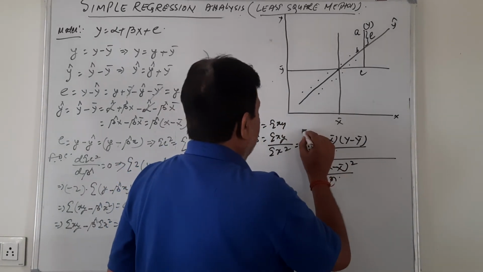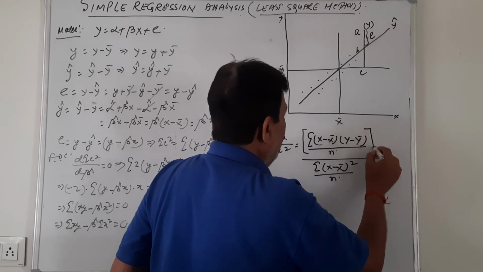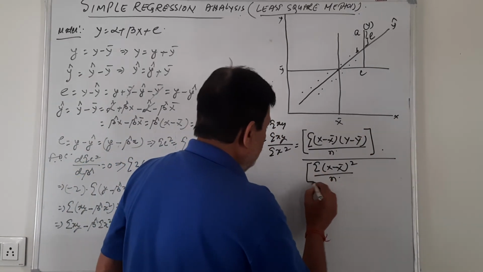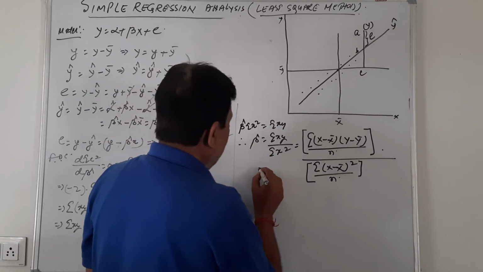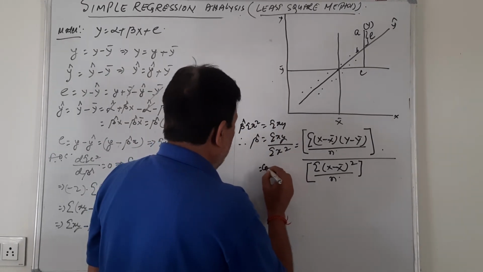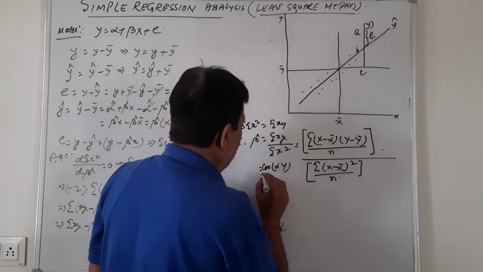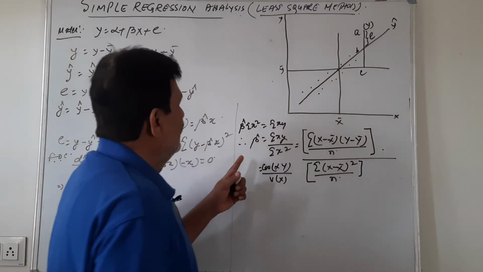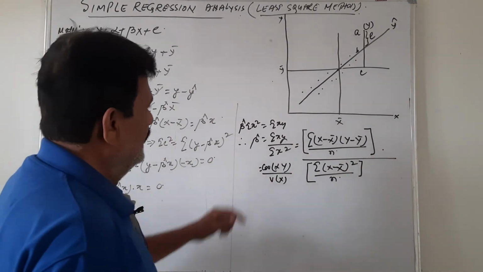Now this numerator has become covariance xy and denominator has become variance of x. So beta cap is covariance xy divided by variance of x. This is one formulation of beta cap.